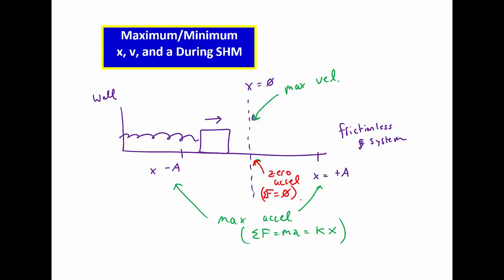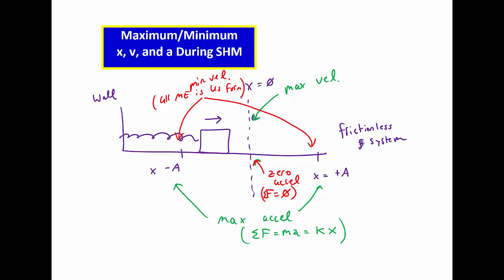And the last thing I want to talk about is the minimum values for velocity. We said that the minimum values for velocity are going to occur when the object is changing direction. It has to come to a stop, and all that energy is stretched out. So we've got our minimum velocities here, and the reason that's the minimum velocity is because all that mechanical energy is in the elastic potential form.